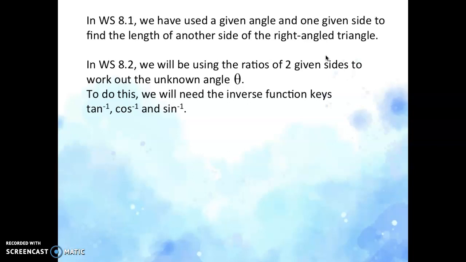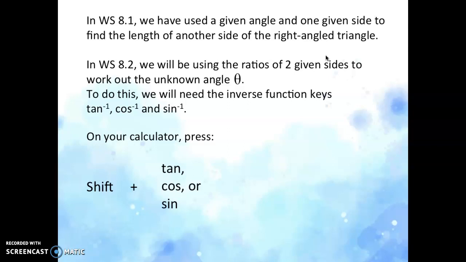So, to find the unknown angle, first I'll need to make sure that you know how to find the inverse function keys of tangent inverse, cosine inverse, and sine inverse on your calculators. To do so, you have to press Shift followed by the tangent, cosine, or sine key, depending on what the question requires.